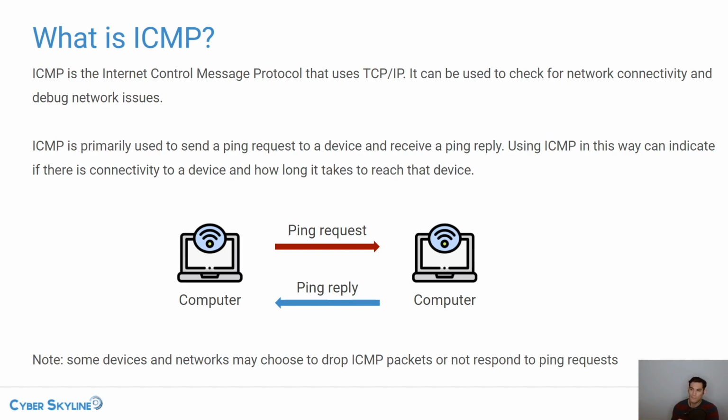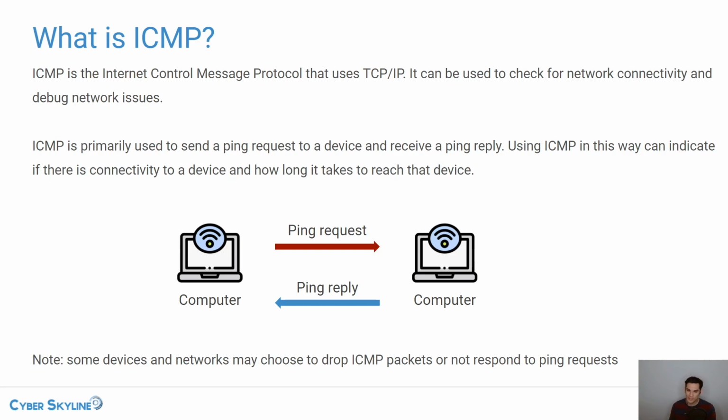One important note about pings is that some devices may choose to drop ICMP packets. Maybe they don't want people knowing that they're operational, so they might drop them at the network level, or they might drop them when they actually get to the device.